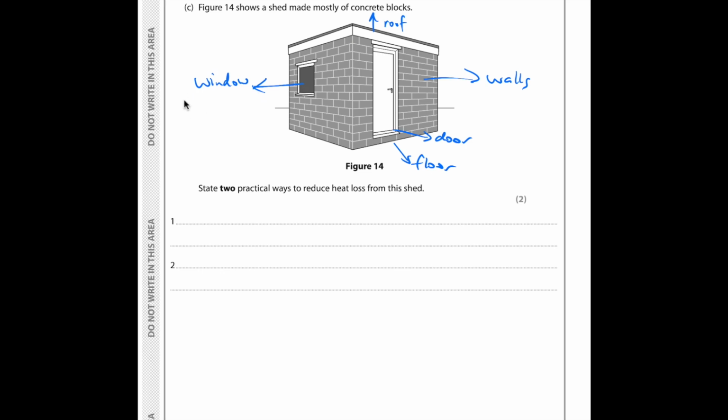So, windows, how do you stop heat being lost there? Double glazing. Roof, loft insulation, which is like fiberglass.